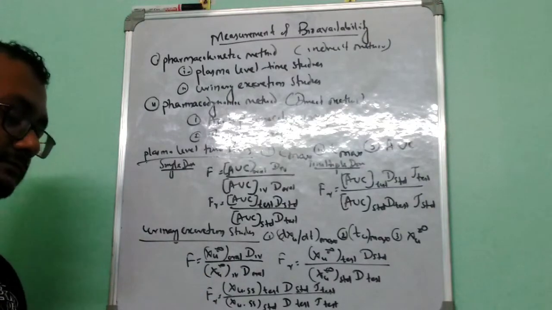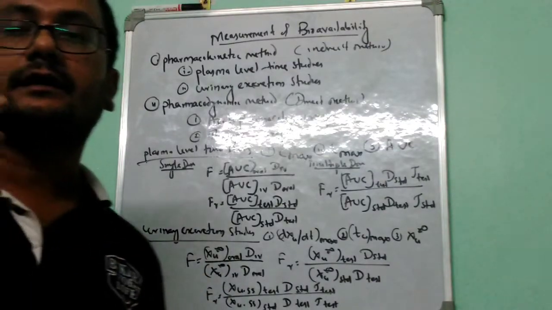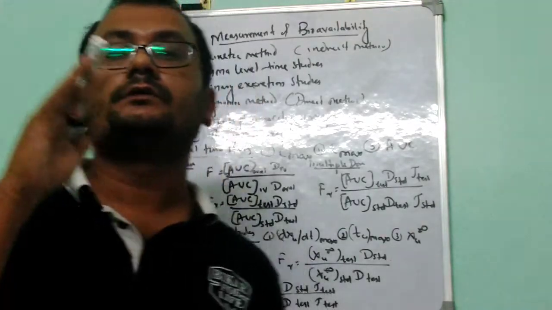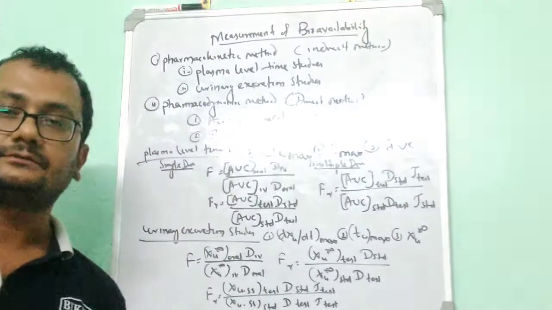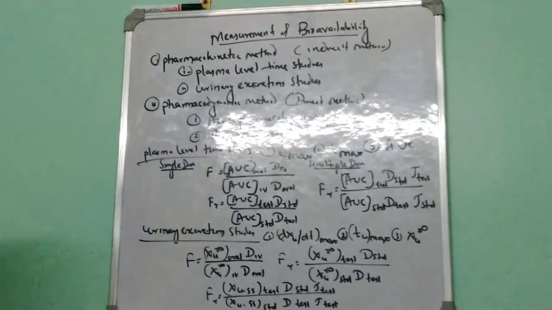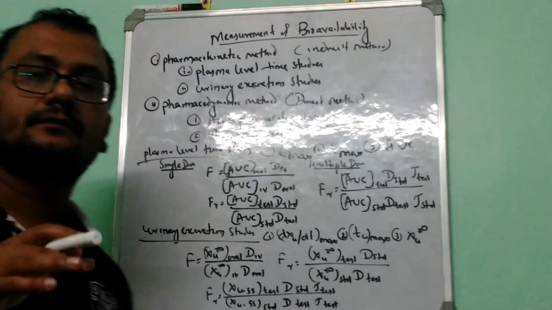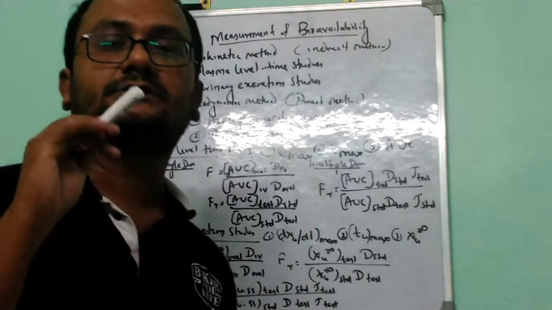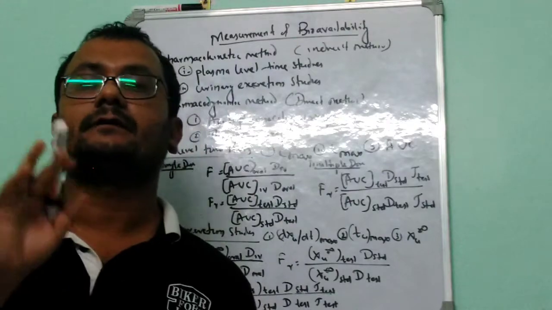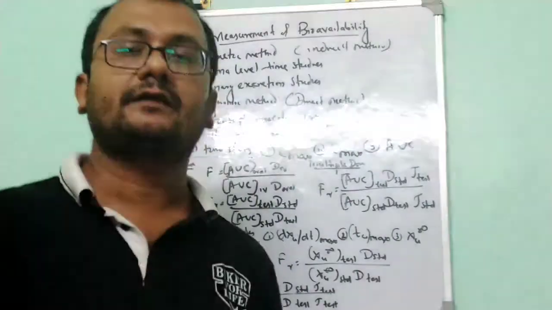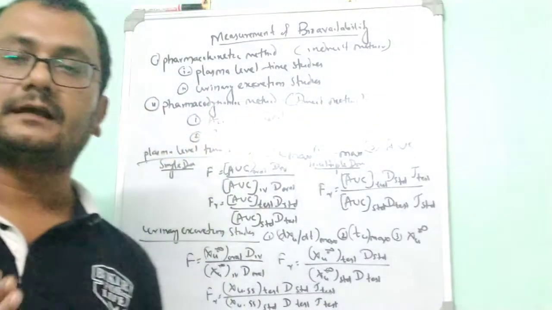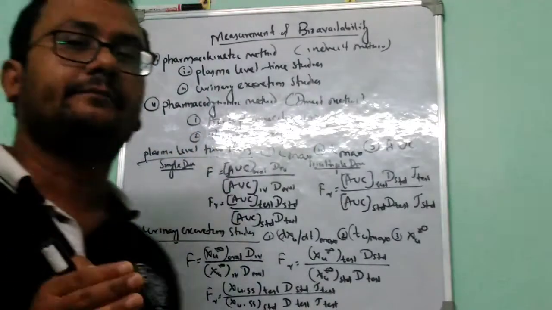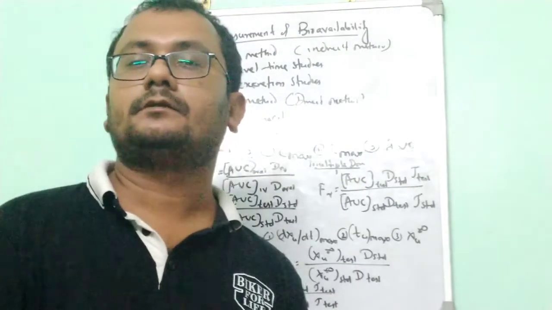If we are going for a single dose study, we have to collect the sample for 2 to 3 biological half-lives. If we are going for an IV dose, the sampling should start within 5 minutes of administration. That means after giving the IV dose, we have to take the first sample within 5 minutes. Then we take a sample every 15 minutes.